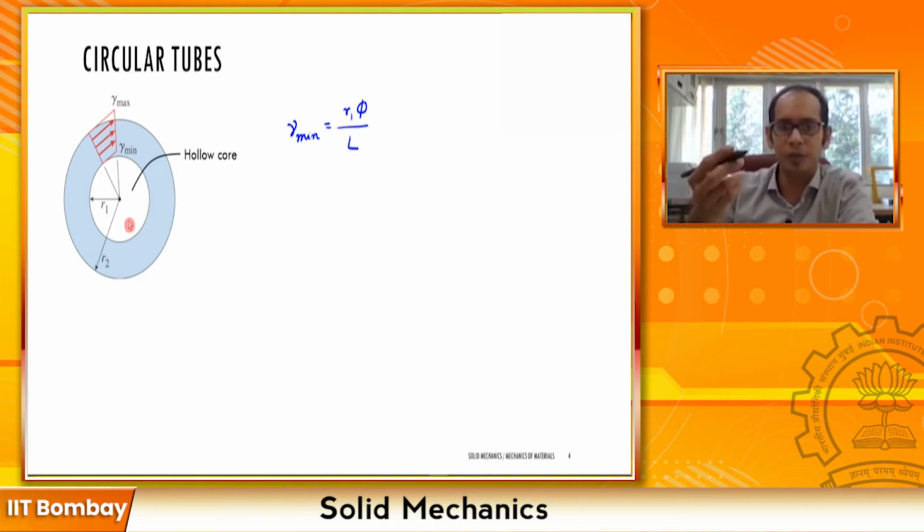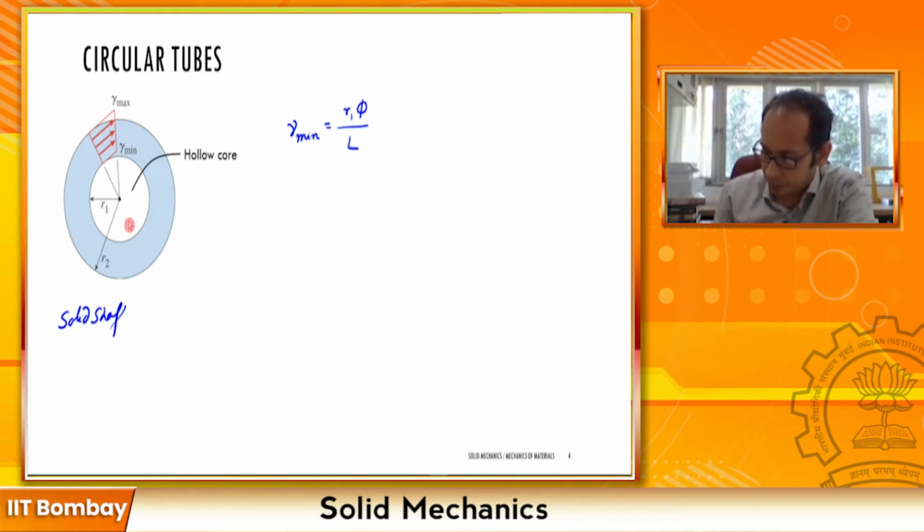So just for your aid, if you have gone and grabbed your notebook and a pen, let me write the expressions which we just derived in the previous page, the general expression for the solid shaft. This is the hollow shaft or hollow tube, right?